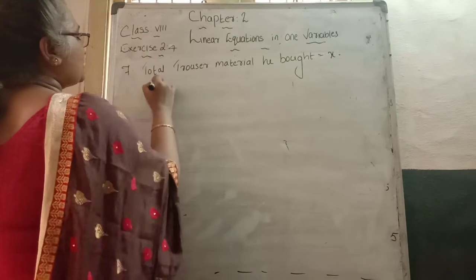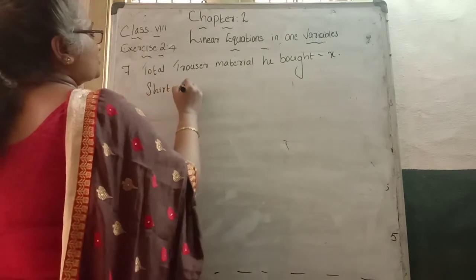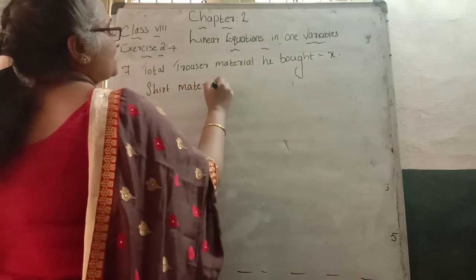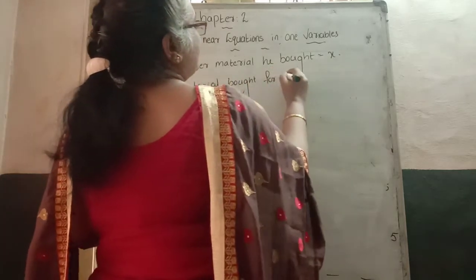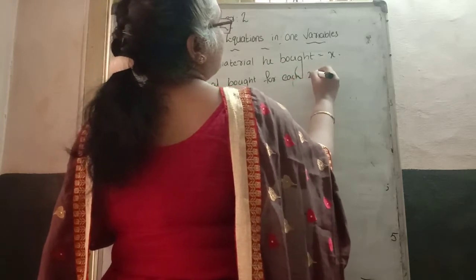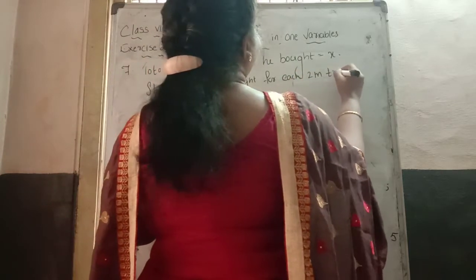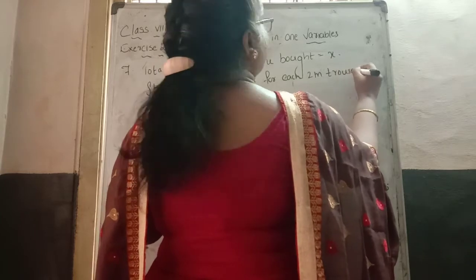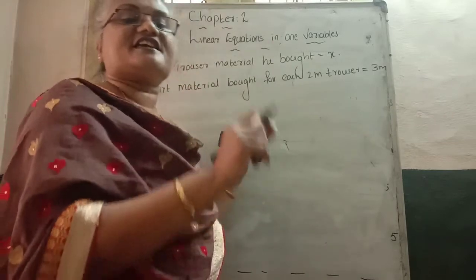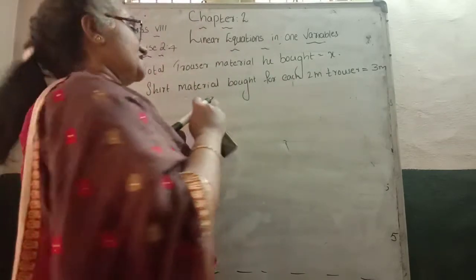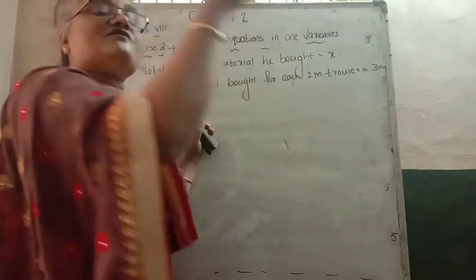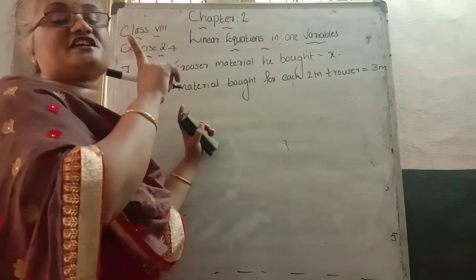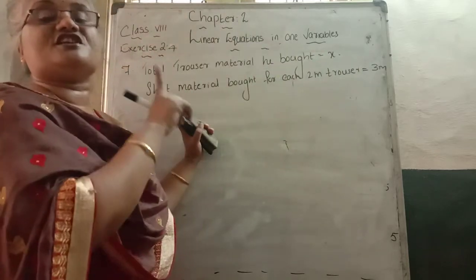Then next, the shirt material bought: for each 2 meters of trouser, how much shirt material did he purchase? 3 meters. For each 2 meters of trouser he purchased 3 meters of shirt. So we want to find out, for 1 meter of trouser, how much shirt material he purchased.